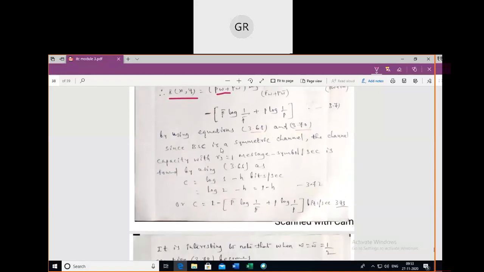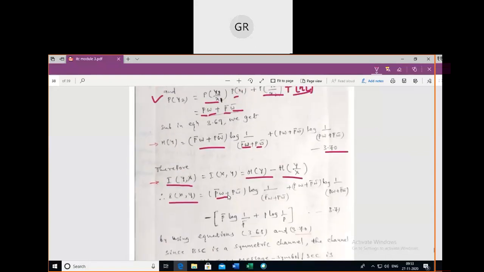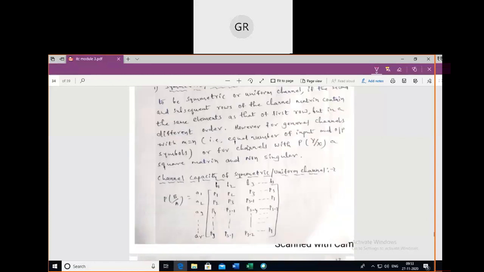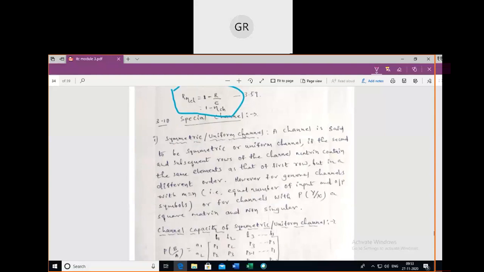Okay, since BSC is a symmetric channel, the channel capacity with Rs equal to 1 message symbol per second is found by using 3.6. Already we proved this one. Here the binary symmetric channel is a symmetric channel.